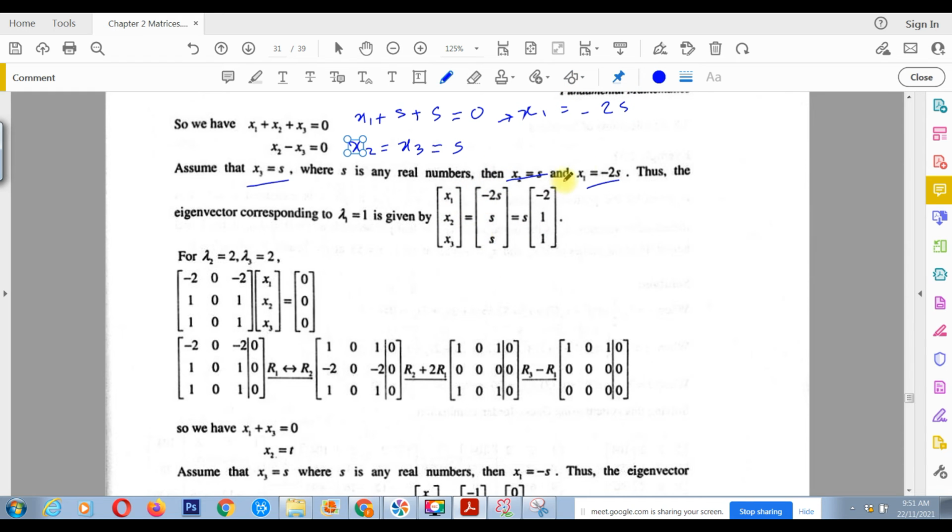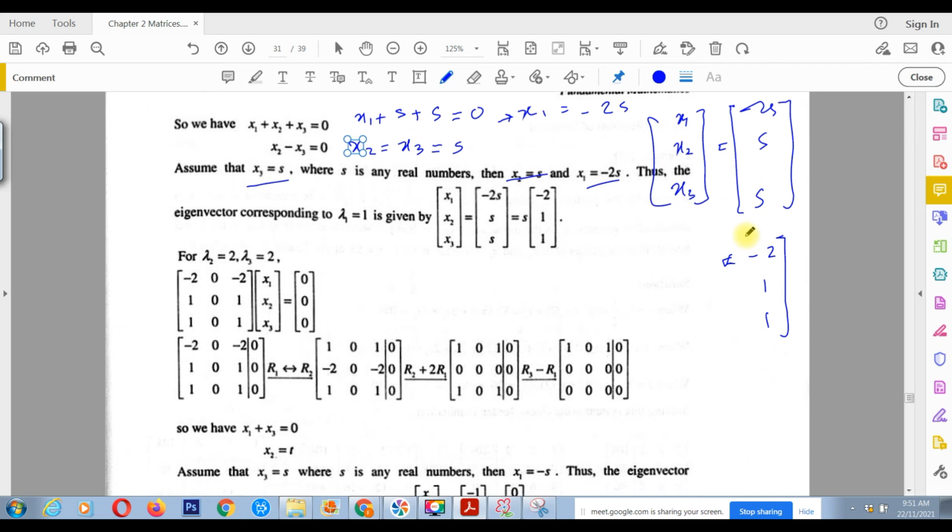So we put s1, s2, s3 equals negative 2s, s, s. Factor out s, so we get negative 2, 1, 1 with s outside. Thus the eigenvector corresponding to lambda 1 equals 1 is this.